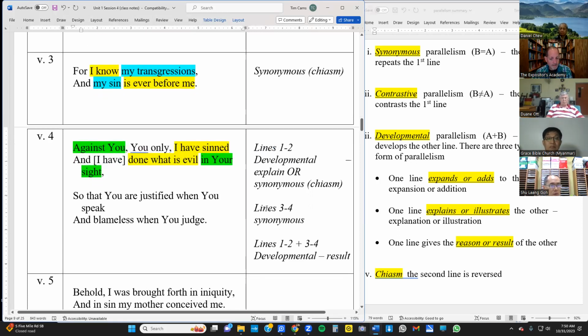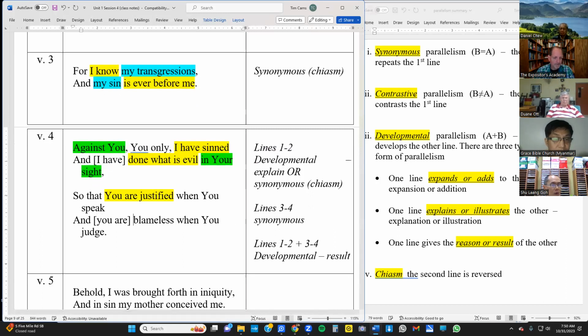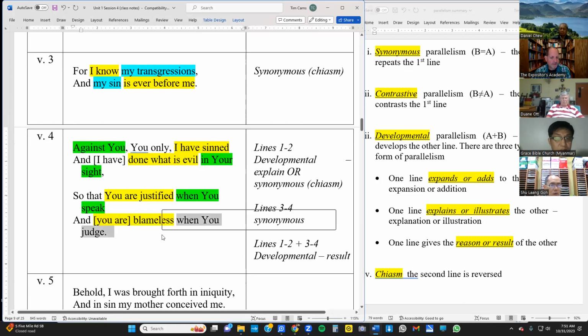Now, and then because also, notice the next 2 lines, I think Shulong is correct. You are justified. And then notice there's an ellipsis here. You are blameless. When you speak is synonymous with when you judge. Okay? You guys see that? I think Shulong's correct here.